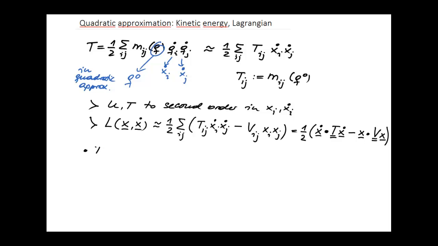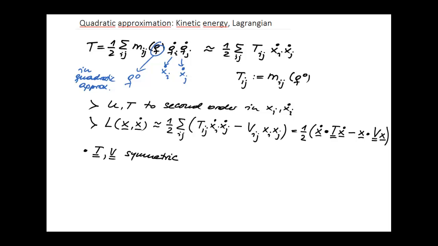First of all, both matrices are symmetric. Well, for V this is obvious because it's the matrix of second order partial derivatives of the potential with respect to the q's, and you can exchange the order of partial derivatives, so this matrix V is symmetric.